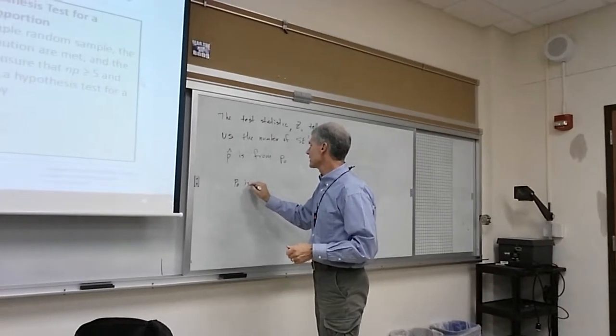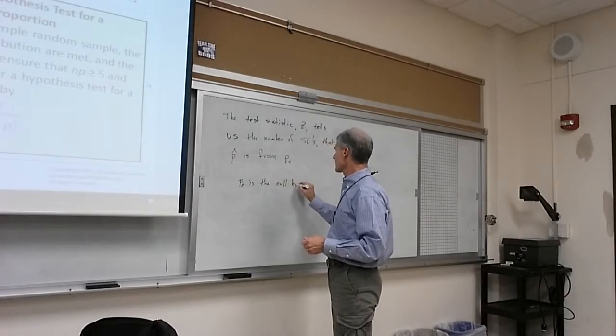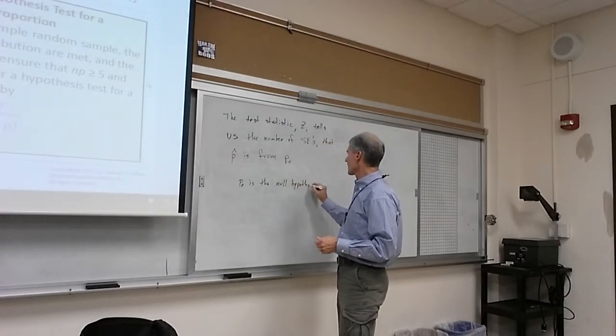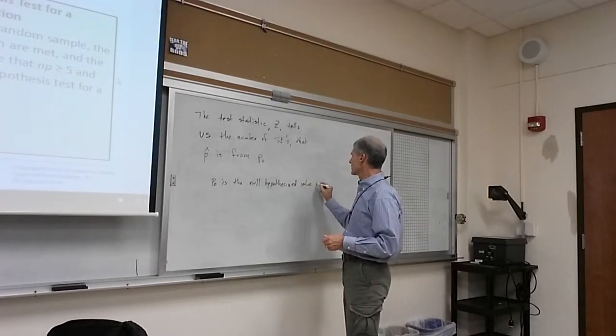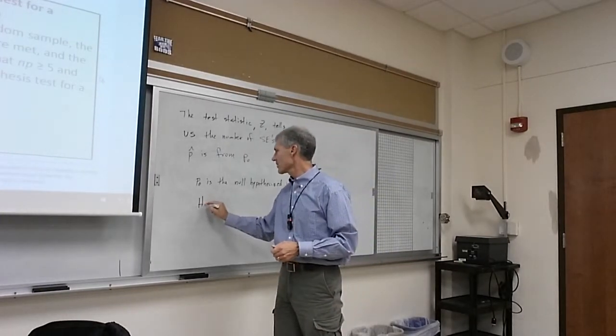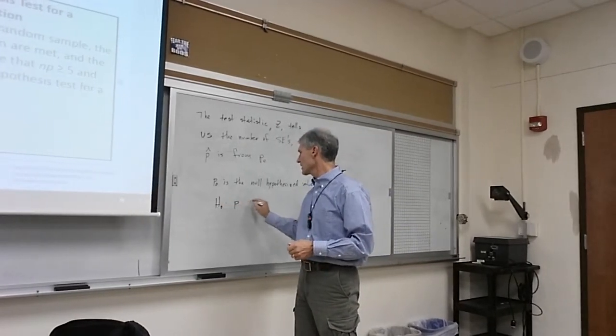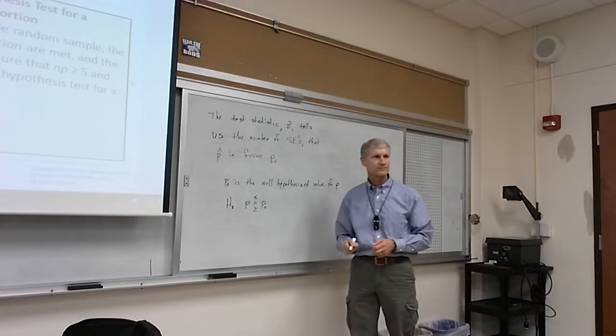P0 is the null hypothesis. How about this? Hypothesized value of P. In other words, the null hypothesis is P and P0 and either an equal or a less than or equal or a greater than or equal.